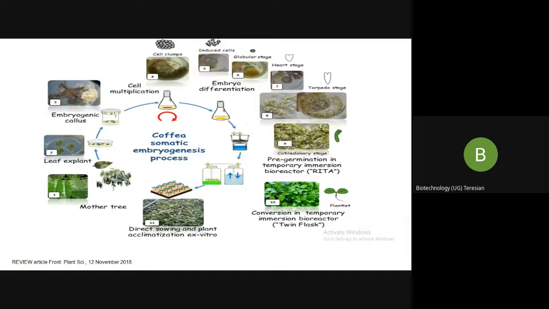And these are the various steps. So with that, we come to the end of somatic embryogenesis. We studied the definition of somatic embryogenesis, what conditions are required for somatic embryogenesis to be produced, that is the direct and indirect method.